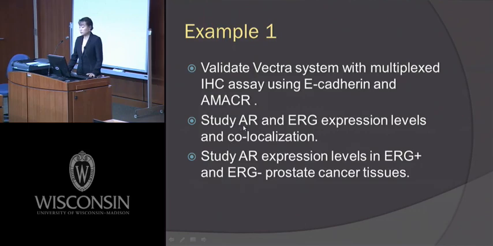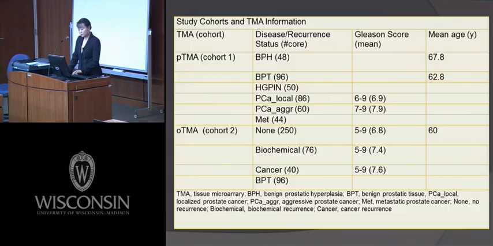AR is androgen receptor, and ERG is ETS-related gene, a known prostate cancer marker. We also studied AR expression levels in ERG positive and negative prostate cancer tissues, because in general, in the prostate cancer field, ERG is expressed in about 50% of prostate cancer patients.